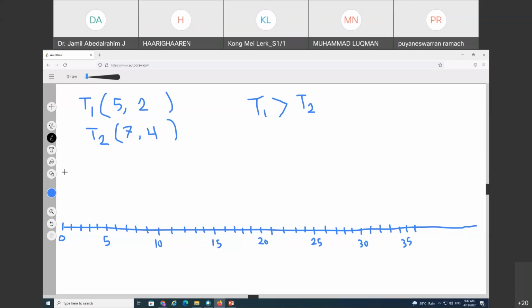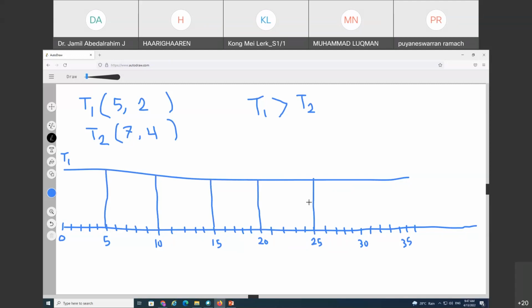Okay, we start with task 1. The period is 5, each 5 units. Okay, for task 2, each 7.